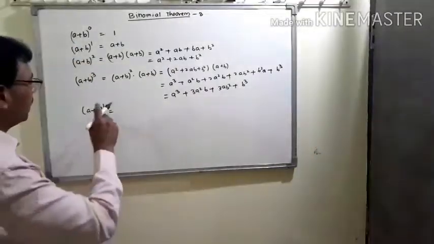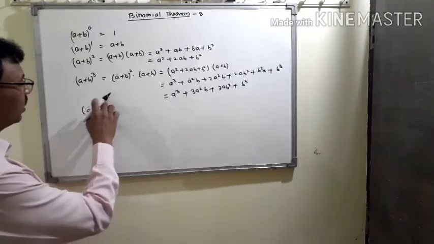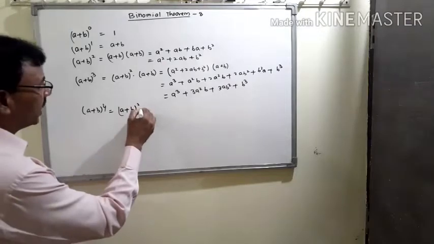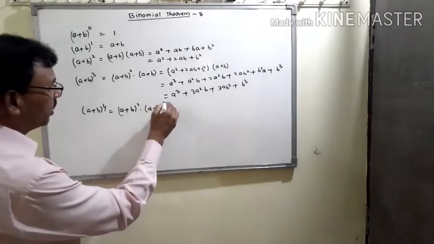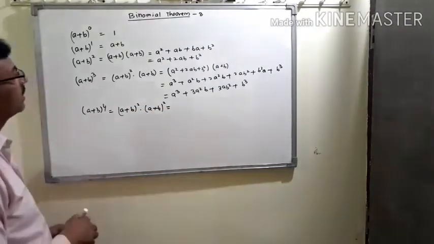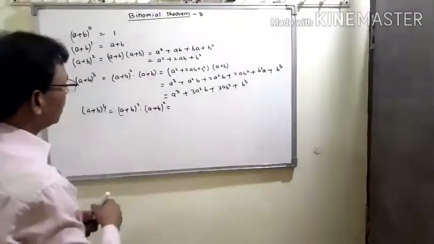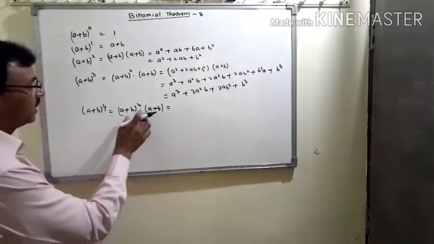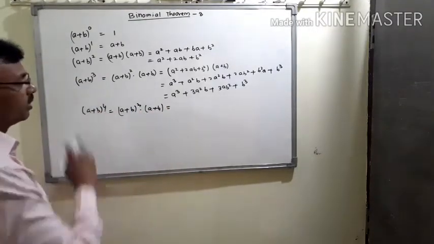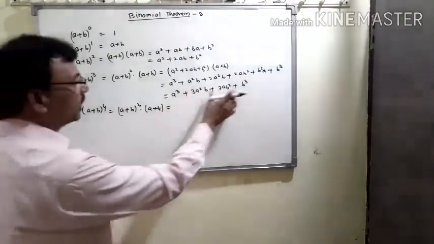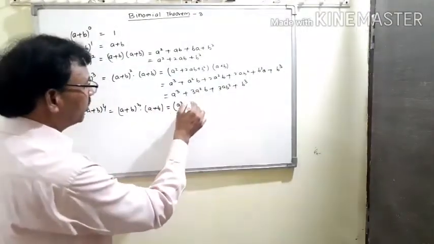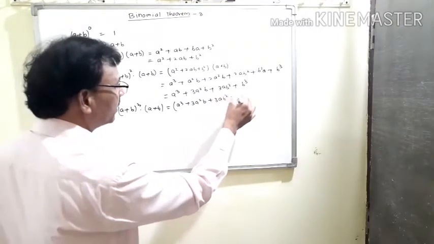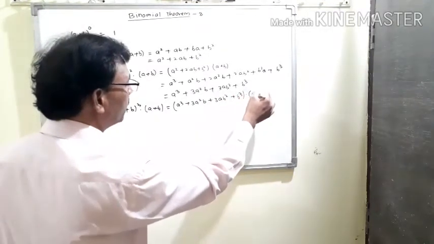That means if you want to find (a plus b) to the power 4, then we write (a plus b) whole square into (a plus b) whole square, or we can write (a plus b) whole cube into (a plus b). This will be (a plus b) to the power 4. Since (a plus b) whole cube is a cube plus 3a square b plus 3ab square plus b cube, into (a plus b).